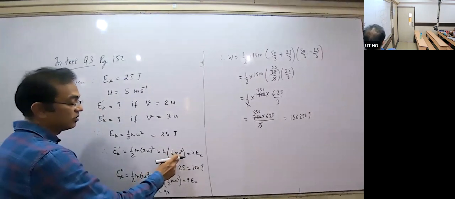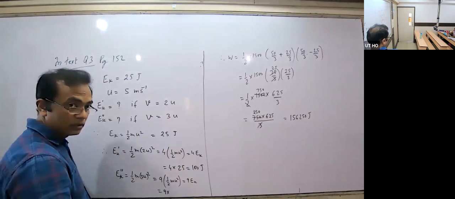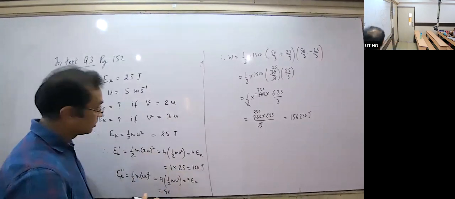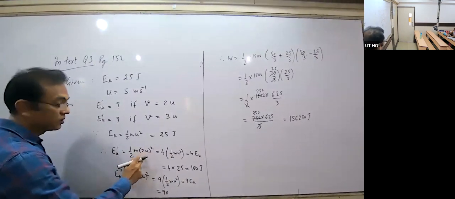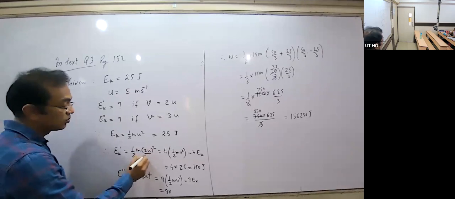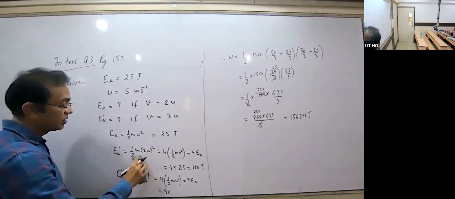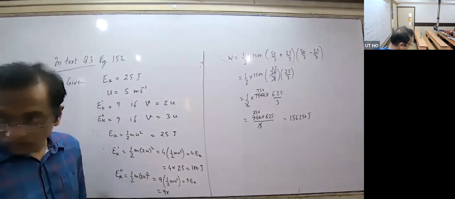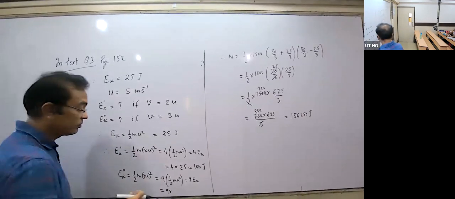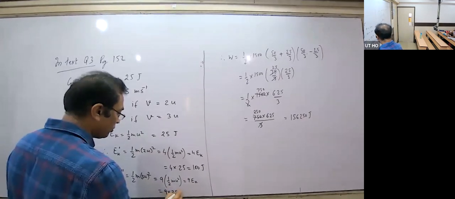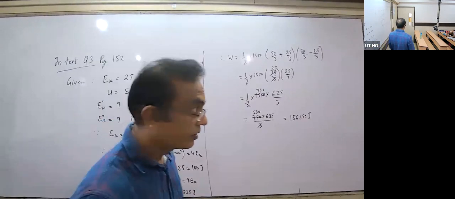Because velocity doubled means U becomes 2U, and its square will be 4U square. So the energy will increase by 4 times. When the velocity is tripled, energy will increase by 9 times. It will not be 3 times. So 9 into 25 is 225. Correct?